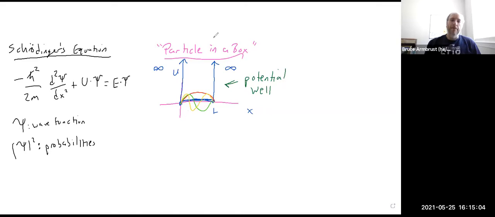And we saw from that, when we ran the numbers on it, all the different possible energy levels. And they were pi squared h-bar squared over 2mL squared times n squared.